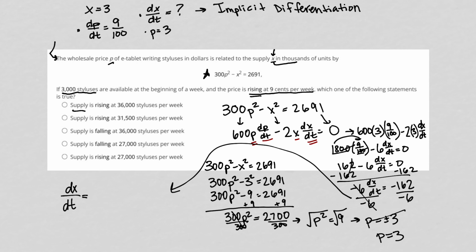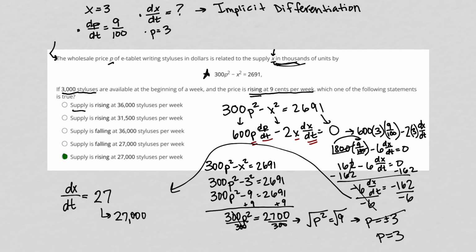Let's not forget that x is in thousands, so our dx dt would also be in thousands. So this 27 really refers to 27,000. And the fact that it's positive means that the supply is rising at 27,000 styluses per week. So that's how we translate all that.